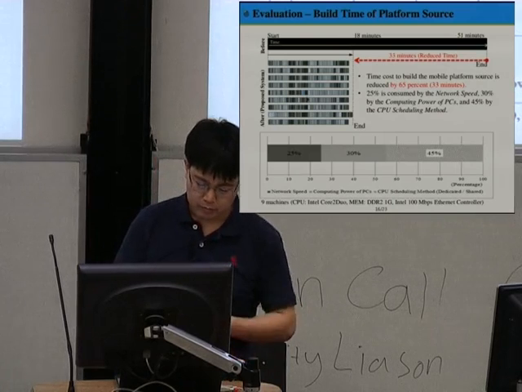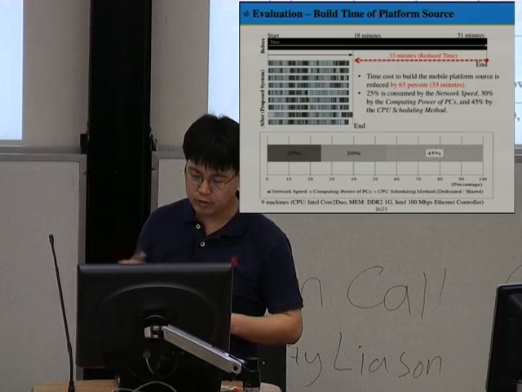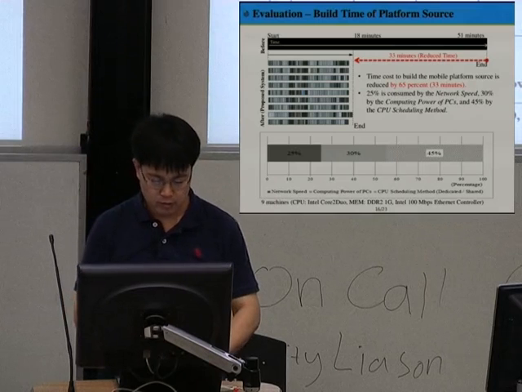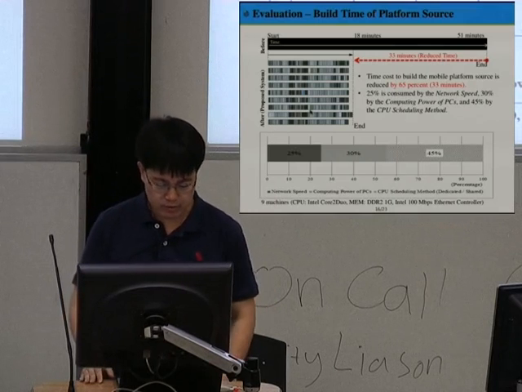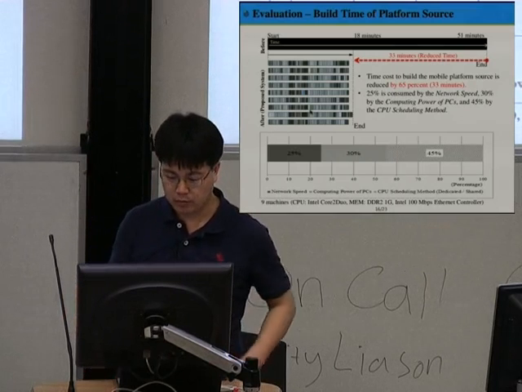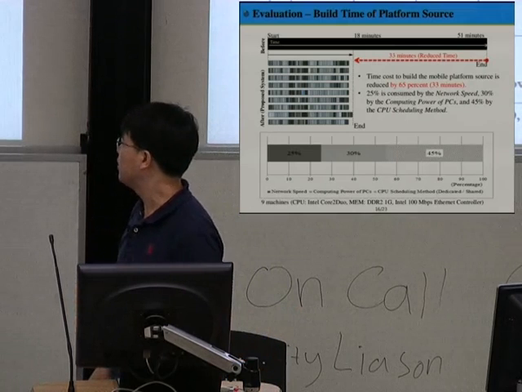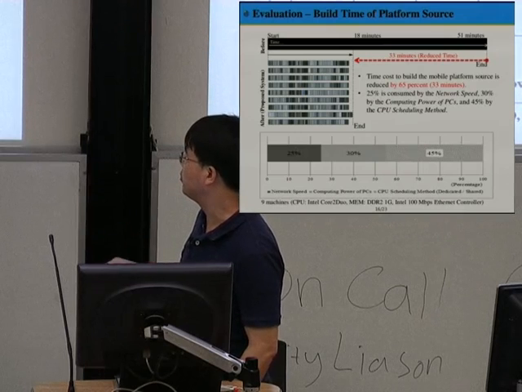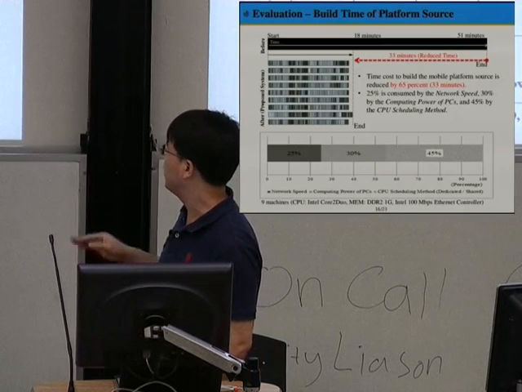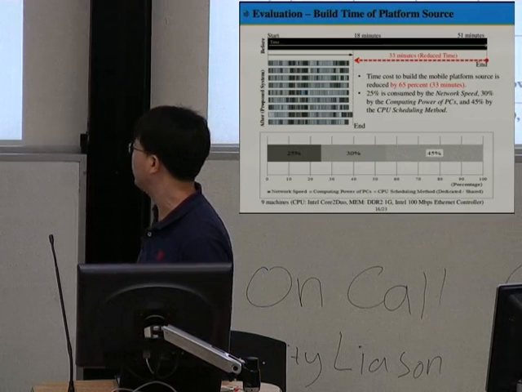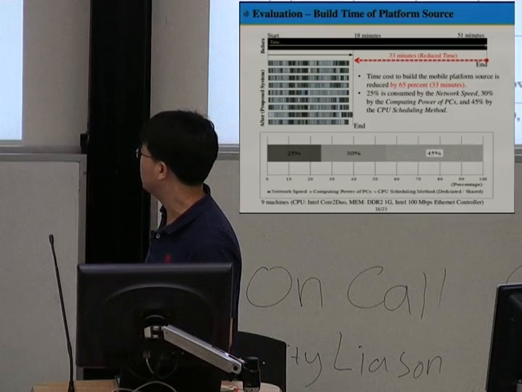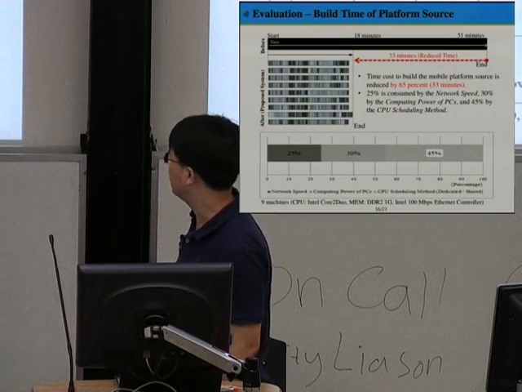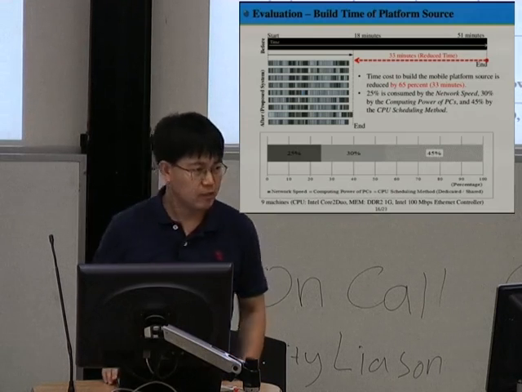And then the picture below shows the breakdown of the build time cost. From our analysis, 25% is consumed by the network speed, 30% is consumed by the computing power of the remote PCs, and 45% is consumed by the CPU scheduling method, like the dedicated resource scheduling or the shared resource scheduling.